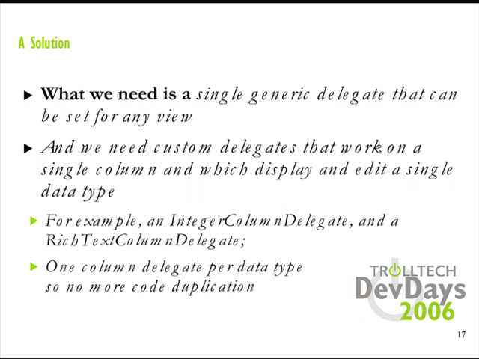So what you would have is your generic delegate, and then you would create a set of data type column delegates, an integer column delegate, a rich text column delegate. And you would set those on the columns that need them. So once you've got one integer column delegate, you don't have to create another one. You've created one, and you can use it every time with every model. Just insert it into the generic delegate for the columns that you want it to care about. So that eliminates the code duplication.